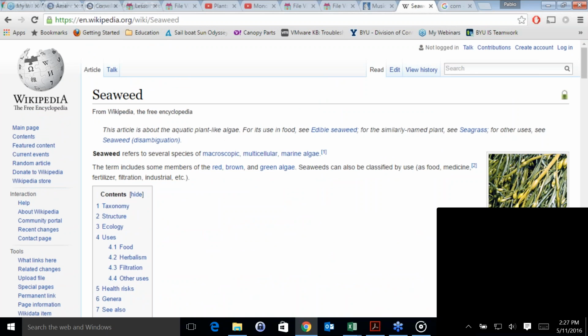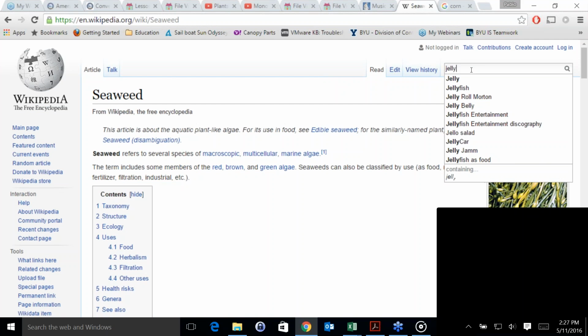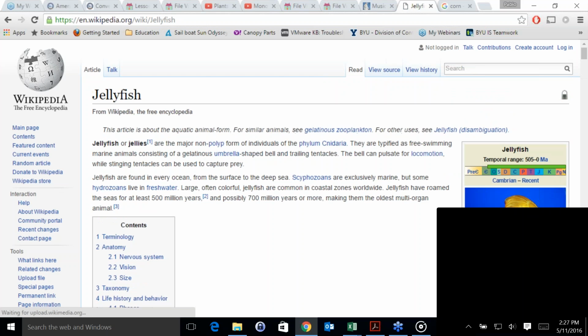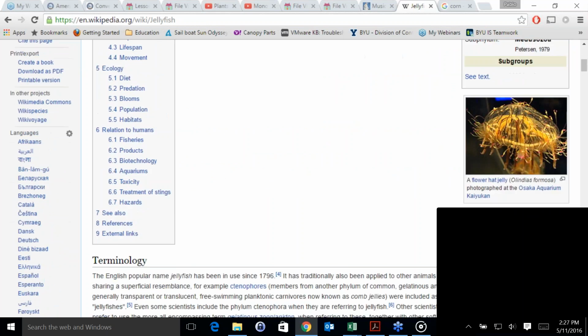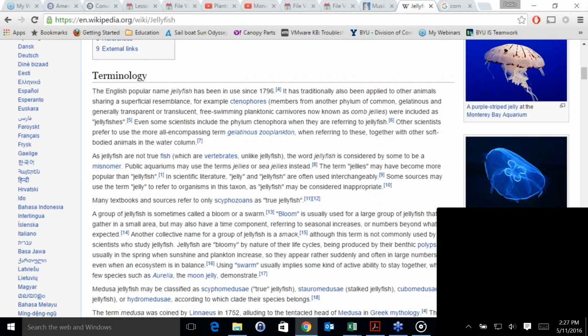Braden is asking, is it like a jellyfish? Well, no, the jellyfish would be an animal. Let's see, jellyfish. It's phylum Cnidaria. So they are part of the animal kingdom.